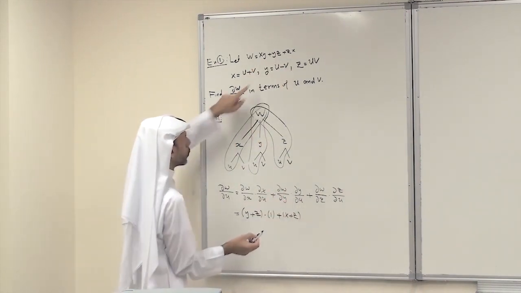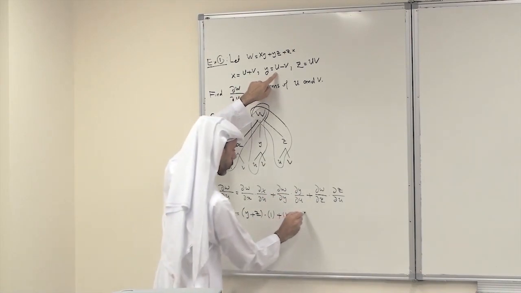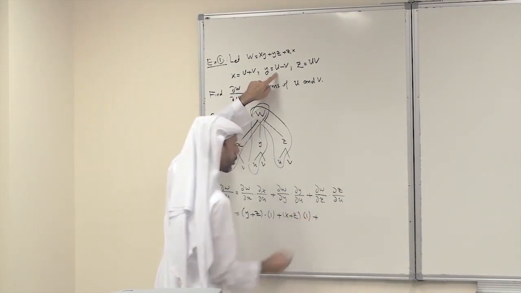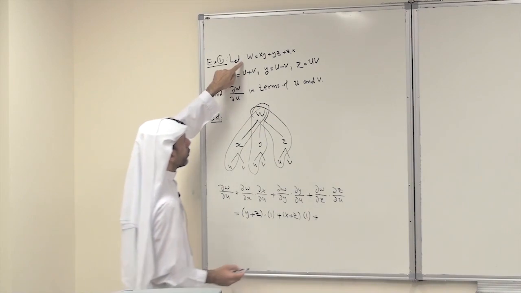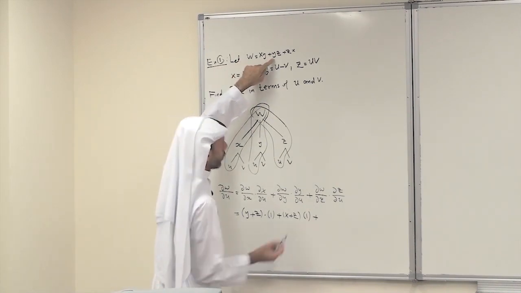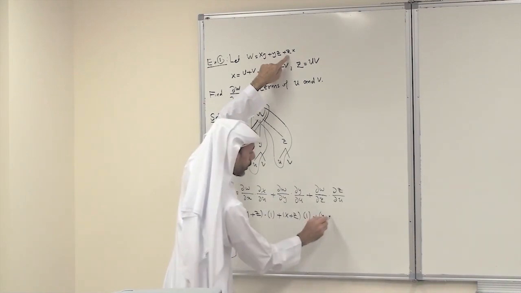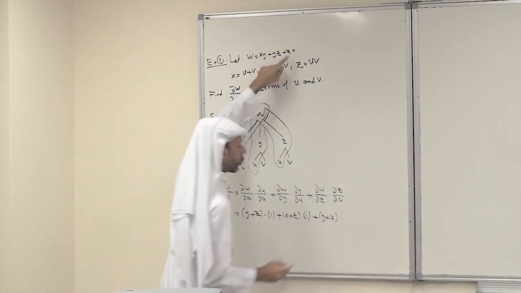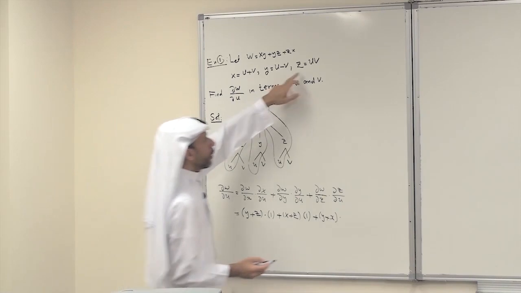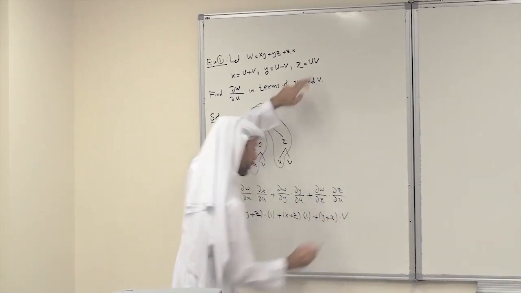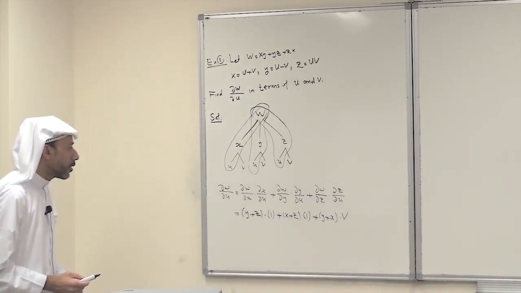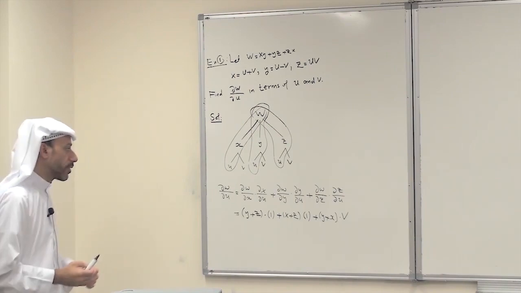Partial y partial u is just 1. Plus partial W partial z: this is 0, this is y, plus this is x. Partial z partial u is just v. So this is the first step.